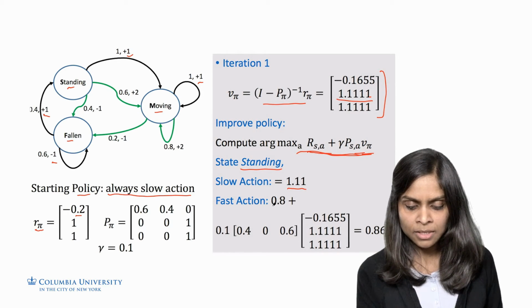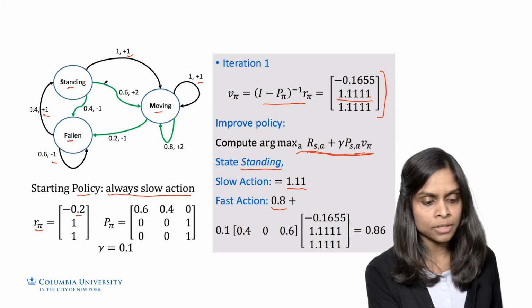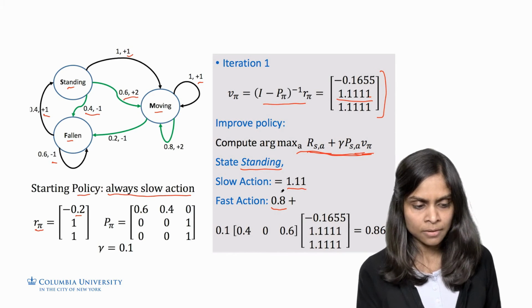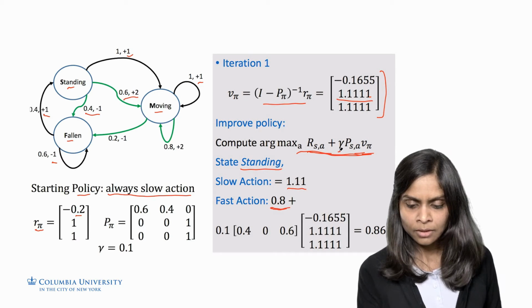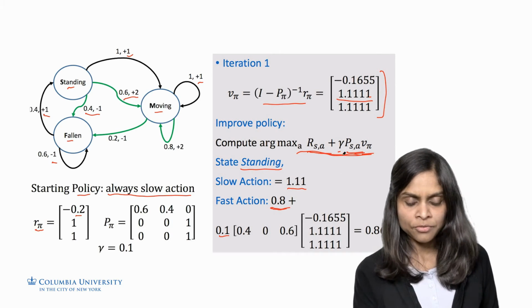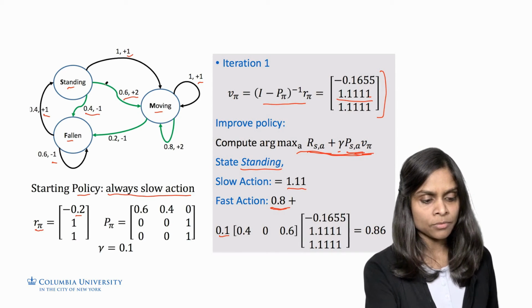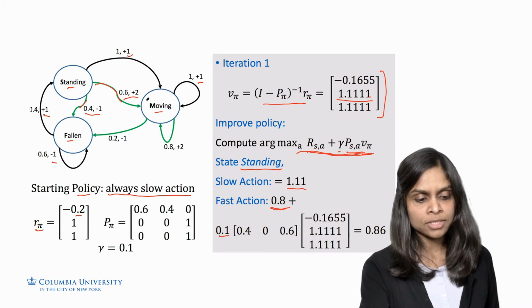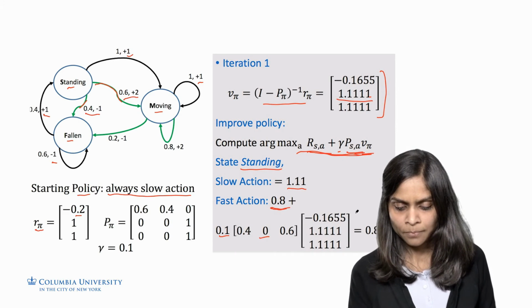the expected immediate reward for the fast action in standing state evaluates out to be 0.6 times 2 plus 0.4 times minus 1, and that's 0.8. Gamma is 0.1. The transition probability for the fast action in standing state is 0.4 probability of going to the fallen state, 0.6 probability of going to the moving state, and no probability of going to the standing state.